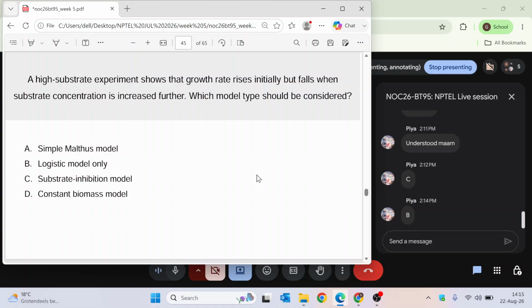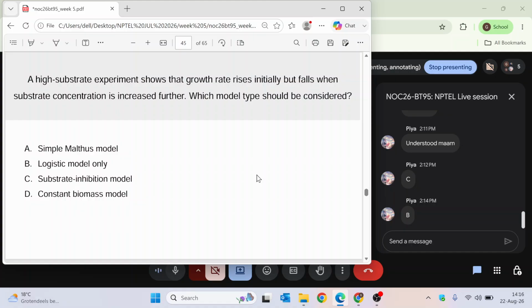Okay. A high substrate experiment shows that the growth rate rises initially but falls when the substrate concentration is increased. What does this suggest? Like the first question that we saw today was similar.